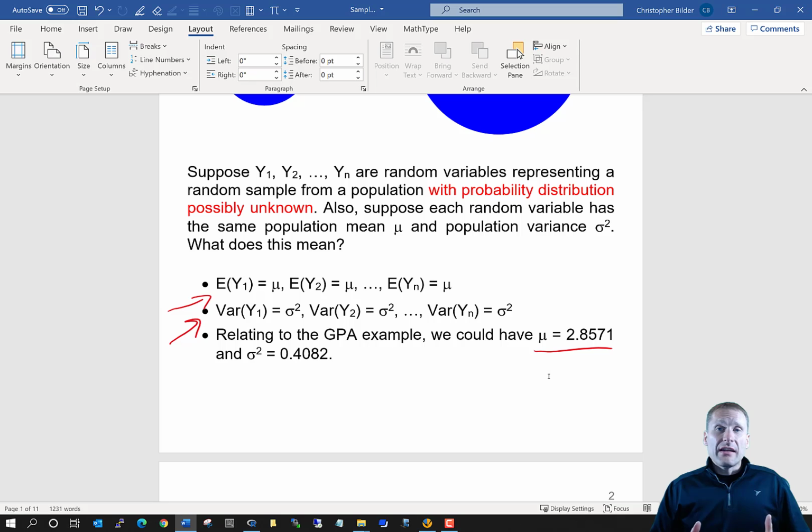And what this is saying is that when we take this sample of students, which we will examine, then since each of these students comes from the same population, their corresponding expected values will be exactly the same.